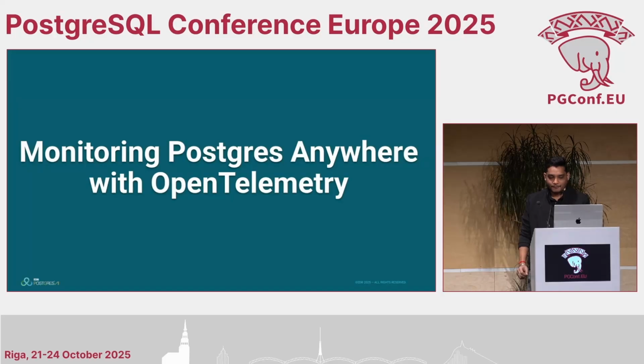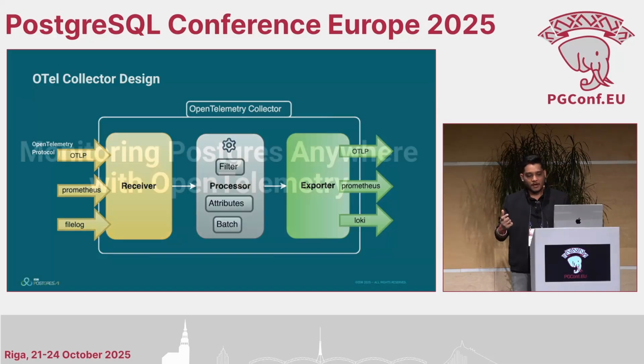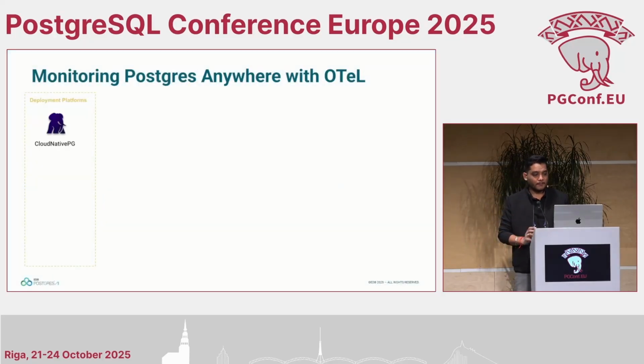Next, we want to connect all the dots. We have Postgres, and we have OpenTelemetry. With Postgres, we can use SQL queries to generate the metrics, and we have the logs. Now we want to monitor our Postgres, which might be running on any kind of platform. For example, here is our deployment platform.